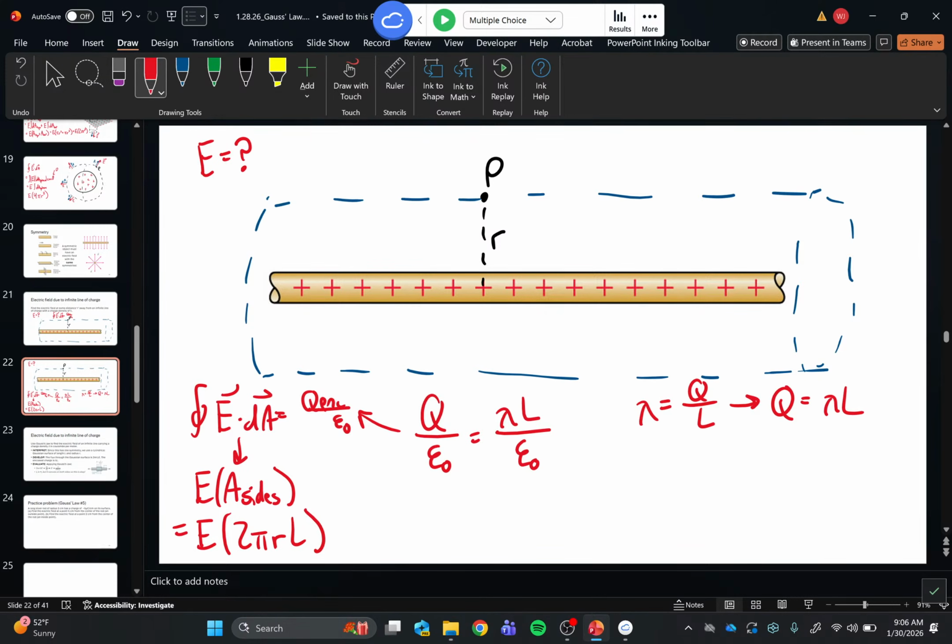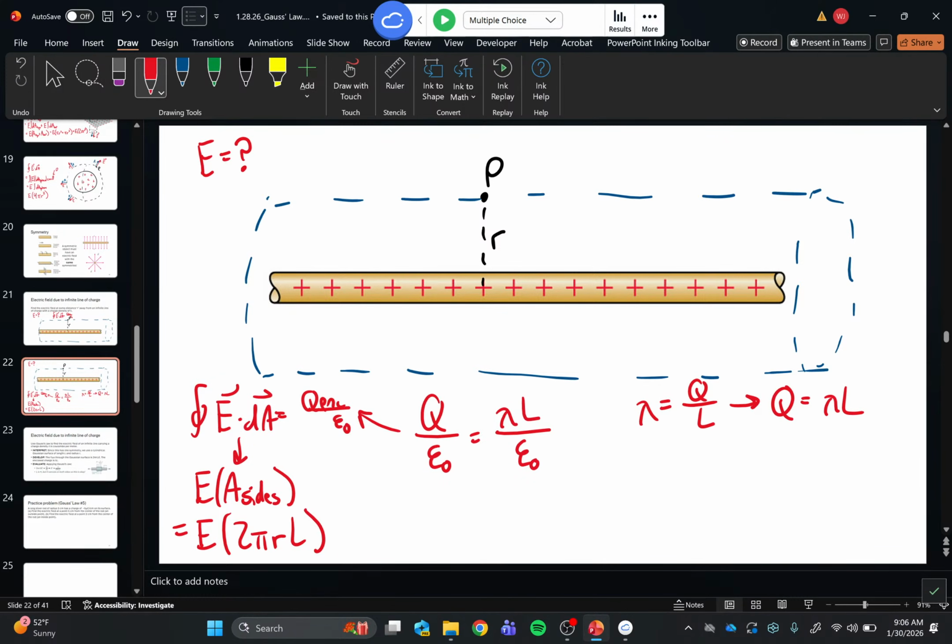All of it. How do I write that in terms of charge density? Charge density is charge per length, so if I want all the charge, multiply by length. That's the logic there. Just like mass: what is density? Mass per volume. If you want the total mass, multiply by volume. This is just 1D instead of 3D.